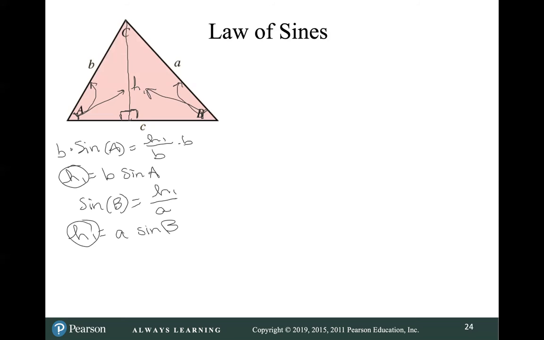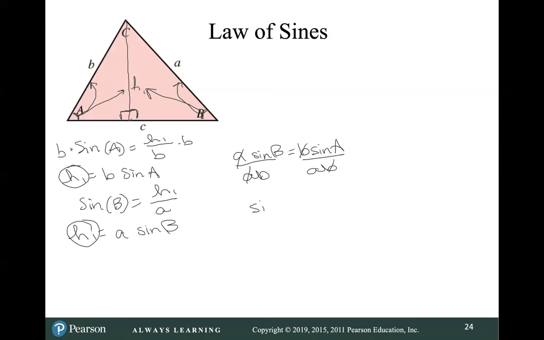Now I can substitute H1. So I get that A times sine of B equals B times sine of A. Divide both sides by AB and reduce.